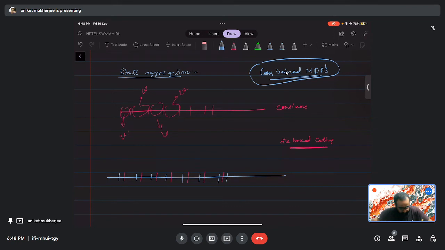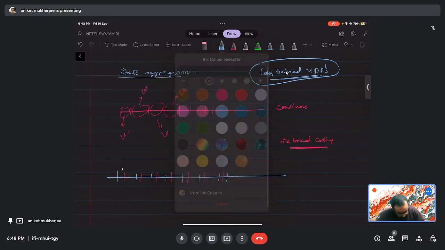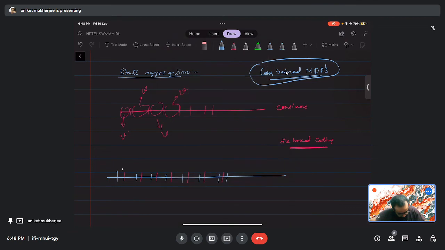So now, if you pick a state at this point, a point here belongs to bin 2 in the blue bins and bin 1 for the red bins.